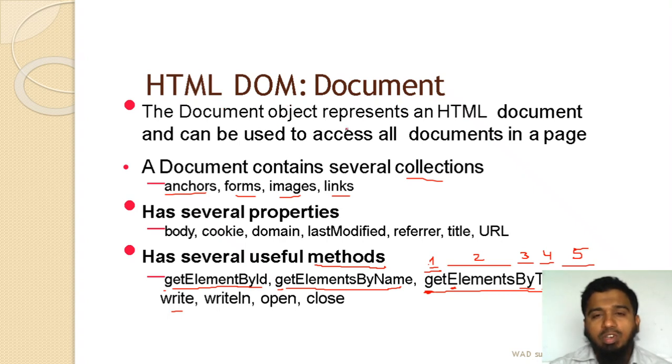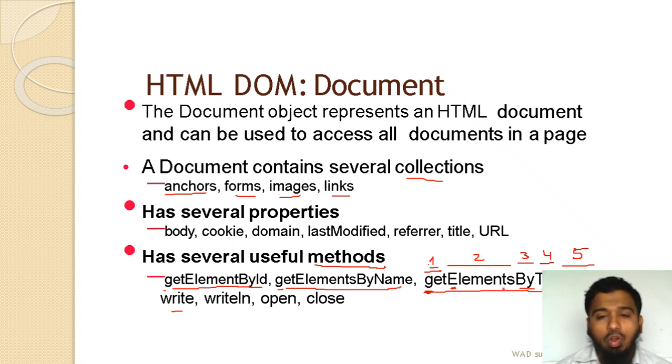The document object represents an HTML document and can be used to access all documents in a page. Once again I read this: it is used to access all documents in the page. So remember this, if you are writing in the exam also, you must write this.